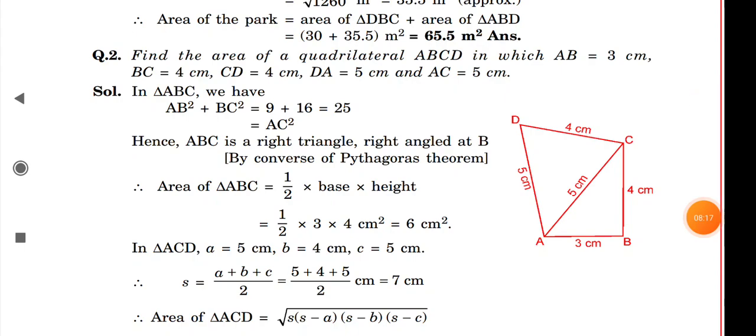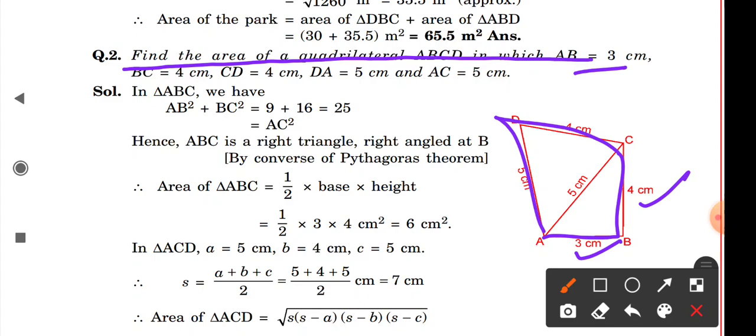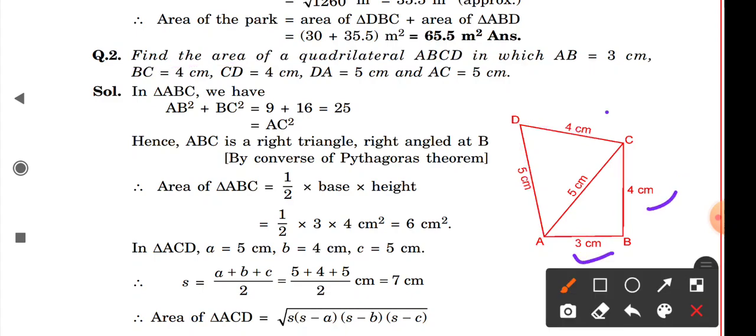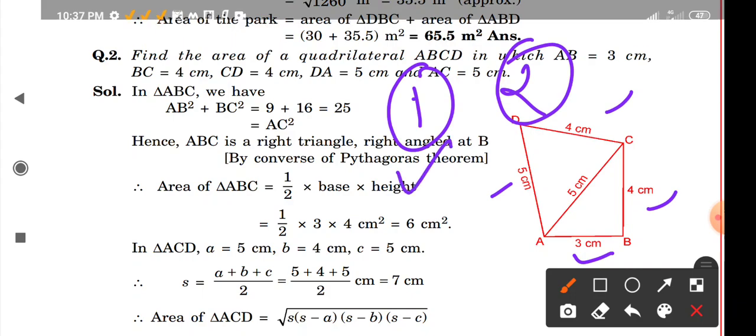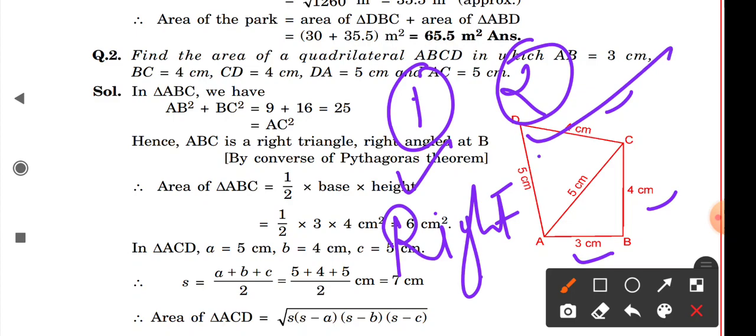Now moving to the next question: find the area of the quadrilateral ABCD. This is ABCD, where AB is this, BC is this, and CD. You can see all the values are written in front of you. But the difference between question number 1 and question number 2 is that in question 1 there is one right angle triangle, but in question 2 you are not given a right angle triangle.